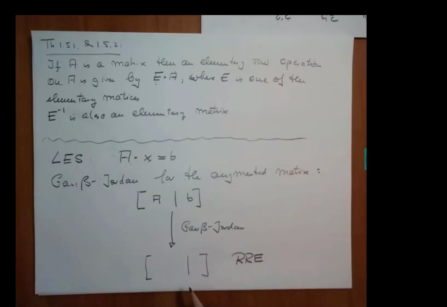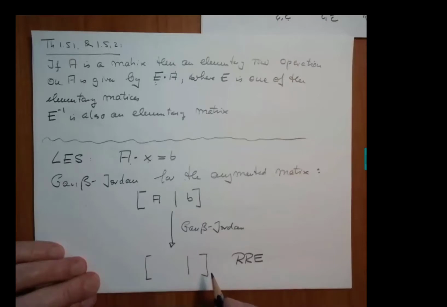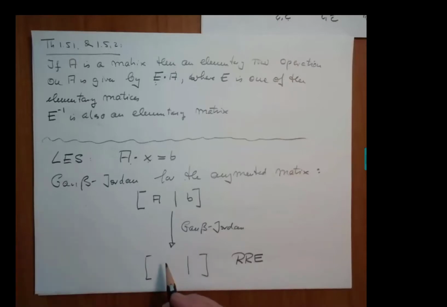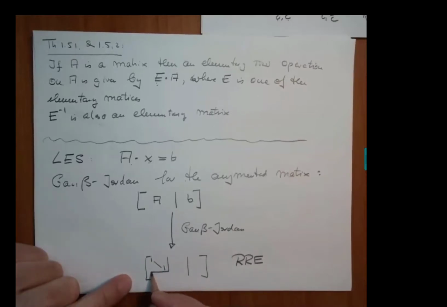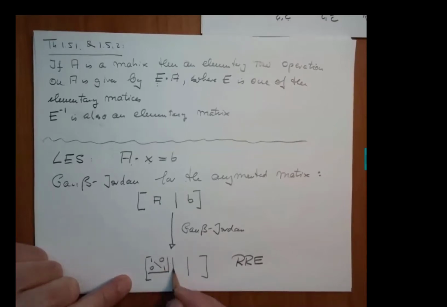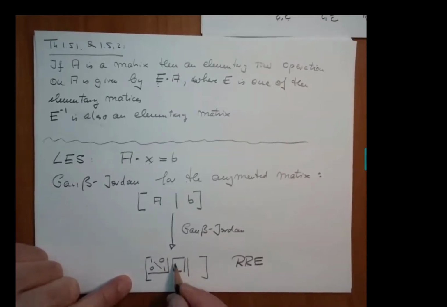And now I like to write down how this row echelon form works. I like to assume that all the leading ones are on the left side, just to make my picture simpler, which essentially means I have reordered my columns. So here we have a certain number of ones. So these are the leading ones, otherwise 0. Then we have a block which we actually don't know what's in there.